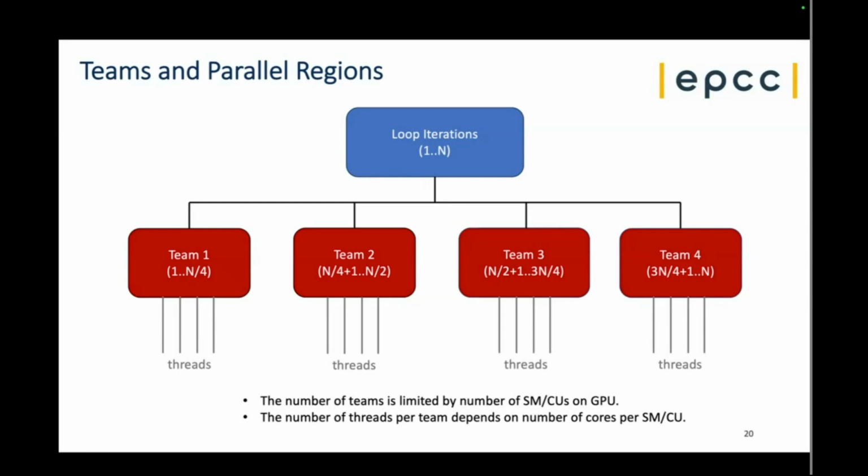There's also some restriction on the number of threads. That's because the threads generally map to actual hardware threads in the GPU, which you've discussed in the previous section. And there are only so many threads you can run at the same time in a streaming multiprocessor.